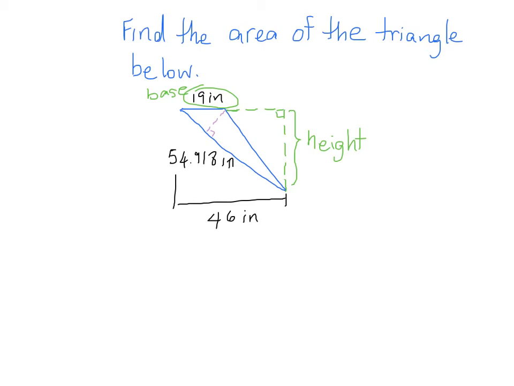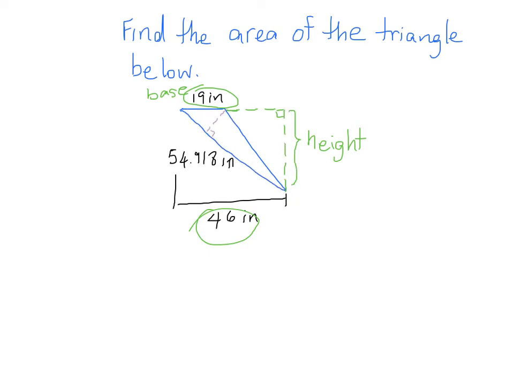Again, we don't have the measurement of the height. We do, however, have this random 46 inches right here. How does that help us? Well, you may notice that I am about to trace a right triangle, and in that right triangle I have two sides, and I can find the third side.